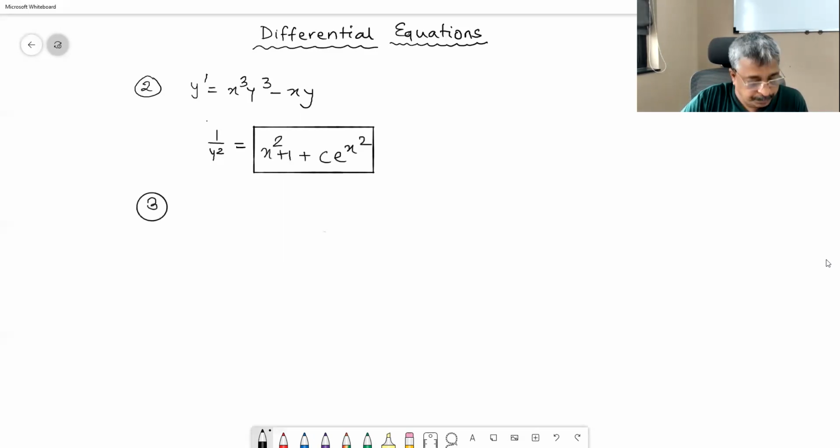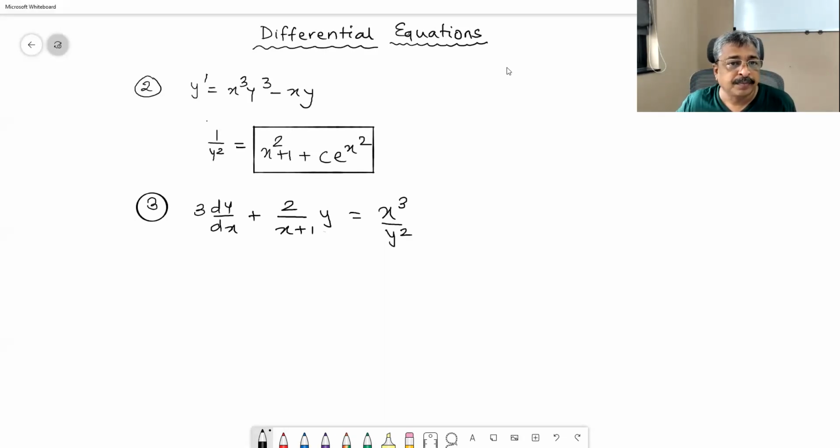Question number 3: dy by dx plus 2 upon x plus 1 times y is equal to x cube upon y square. Express your answer.